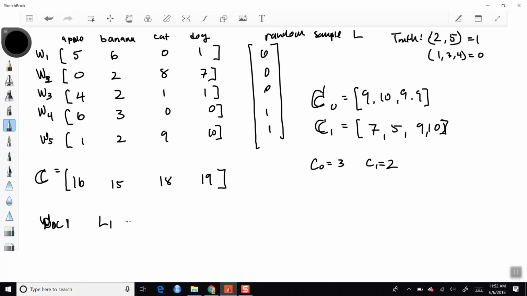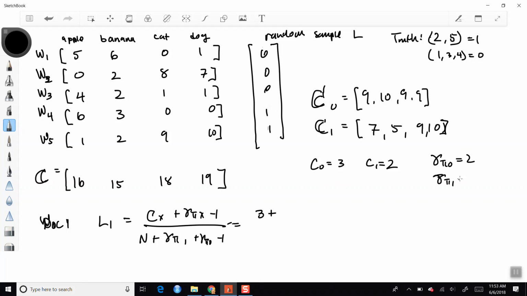So the probability of L1 is going to be equal to (C_x plus gamma pi_x minus 1) over (N plus gamma pi_1 plus gamma pi_0 minus 1). I don't know what our gamma priors were, so let's just say we had 2 and 2. So it would be 3 plus 2 minus 1, and then over here we have 5 documents plus 4, 2 plus 2 minus 1.